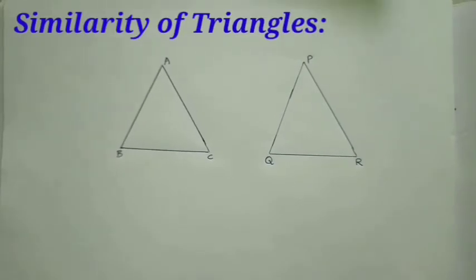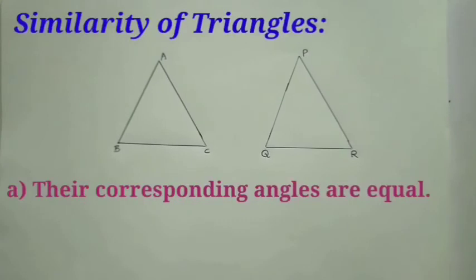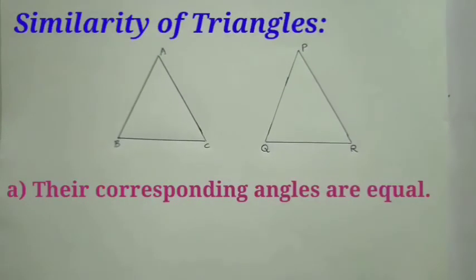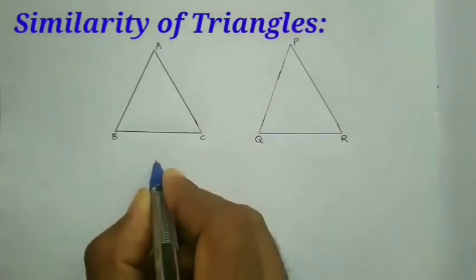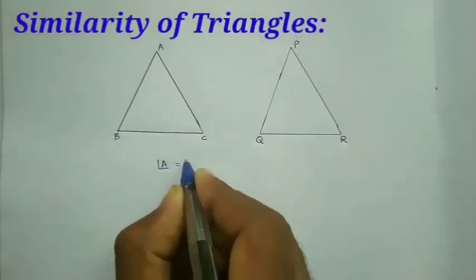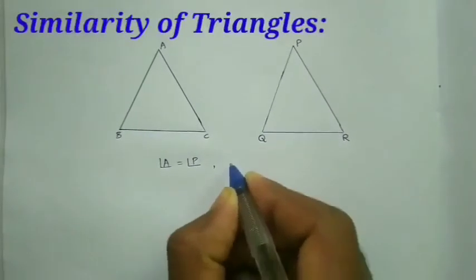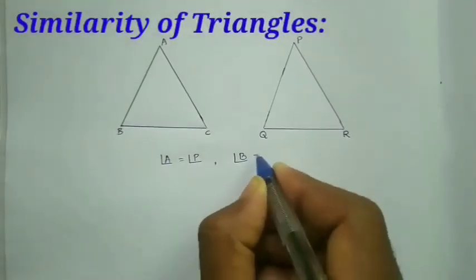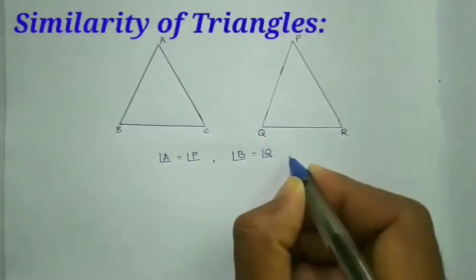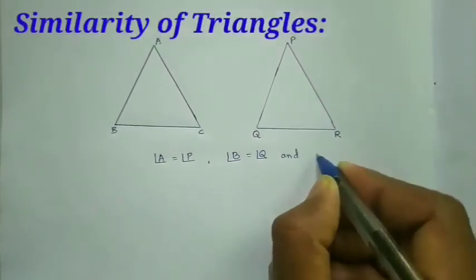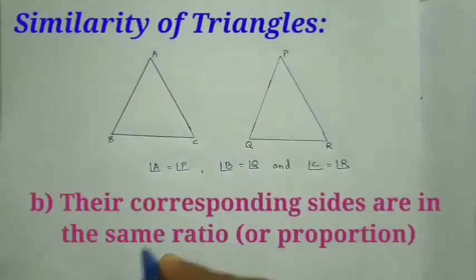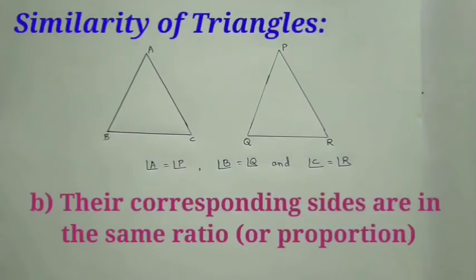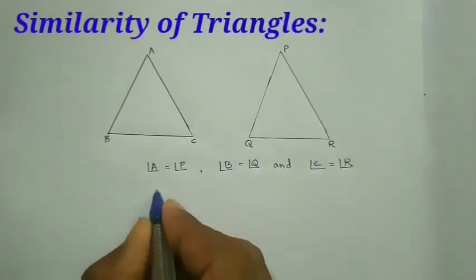In similarity of triangles, if we say 2 triangles are similar, then they should obey these conditions. First condition, their corresponding angles are equal. Here angle A equal to angle P, angle B equal to angle Q, and angle C equal to angle R. Second condition, their corresponding sides are in the same ratio or proportion.